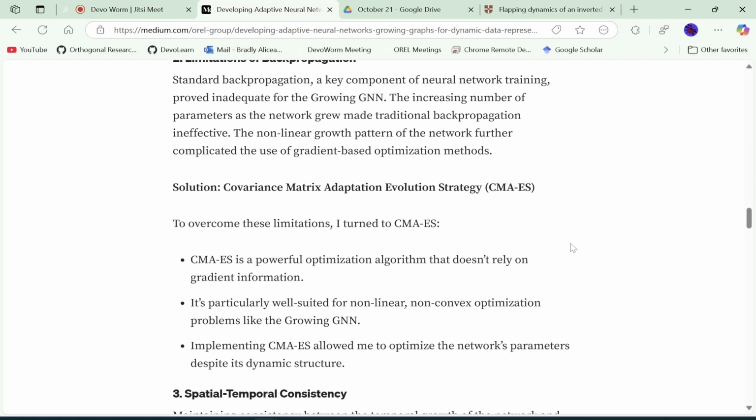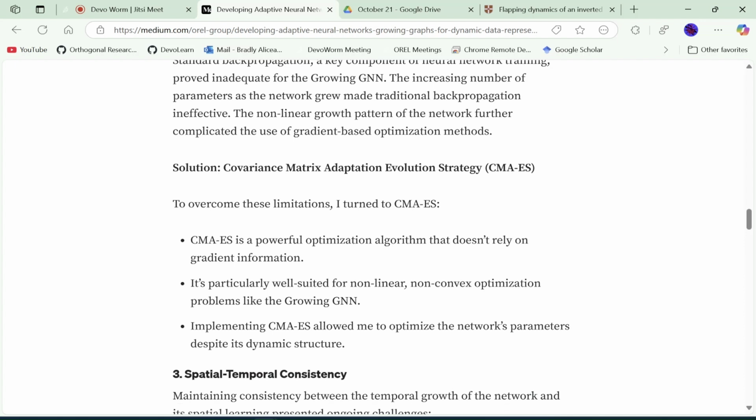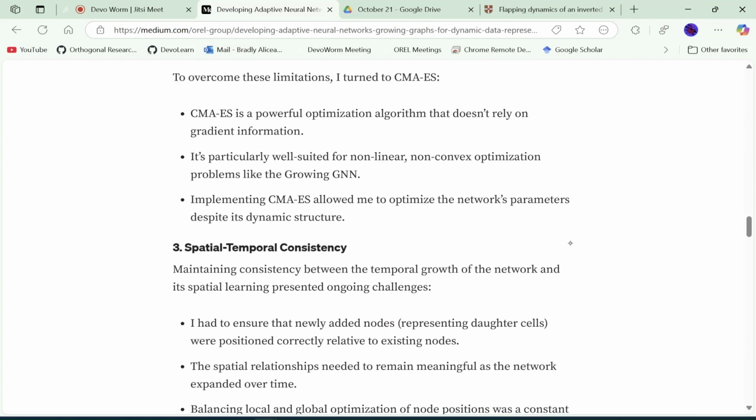So again, the solution is this algorithm, CMAES, or covariance matrix adaptation evolution strategy. This is what comes in the thing that was forked. Although it's a powerful optimization algorithm, it doesn't rely on gradient information. But it's also particularly well suited for nonlinear, non-convex optimization.